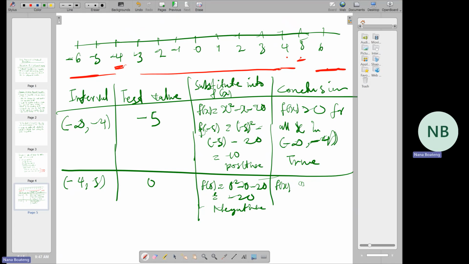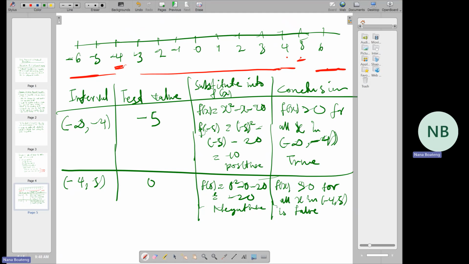So f of x greater than 0 for all x in the interval -4 to 5 is false, because f of x is less than 0 here.